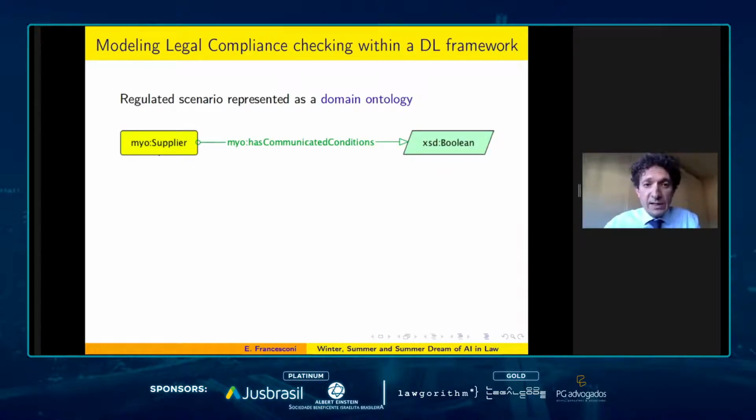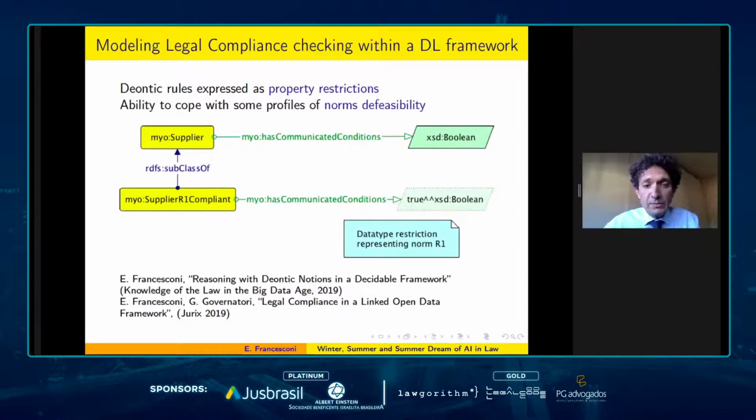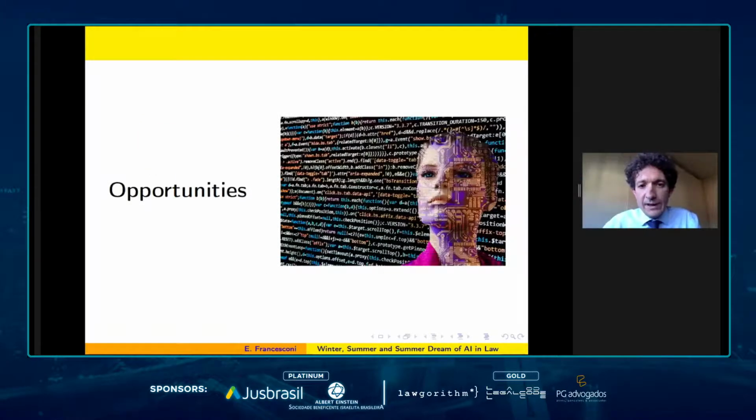So the regulated scenario can be represented as a domain ontology, and the deontic rules can be expressed as property restrictions. And this model proves the ability to cope with some profiles of norm defeasibility. So I think that within this framework, we have several opportunities to develop AI systems on a large scale.